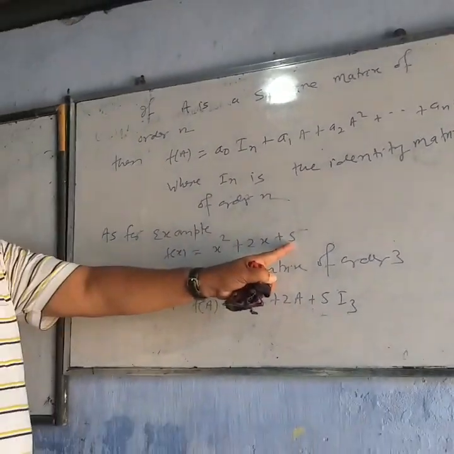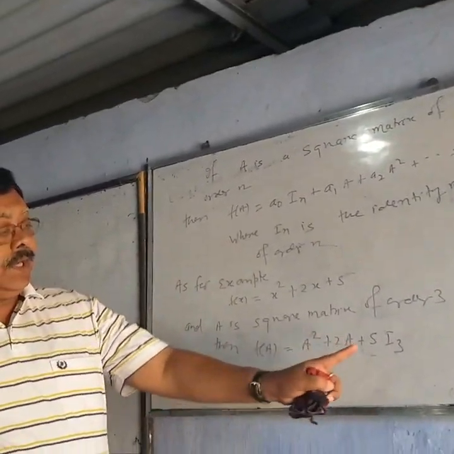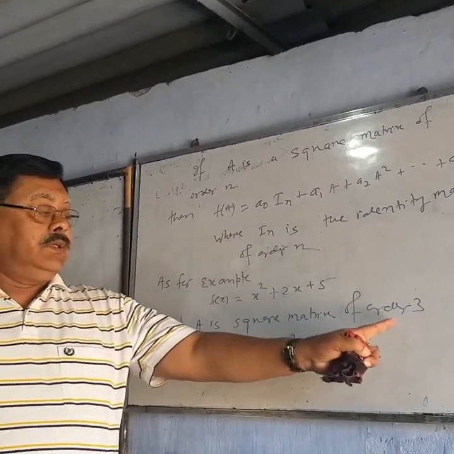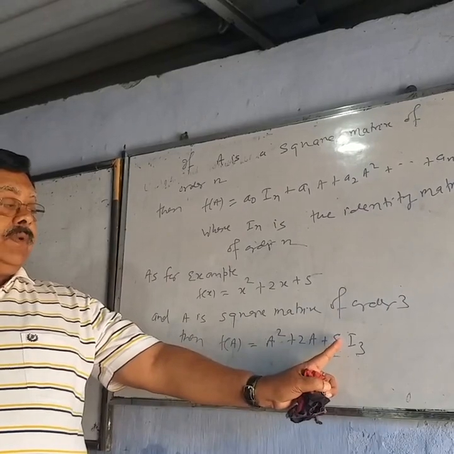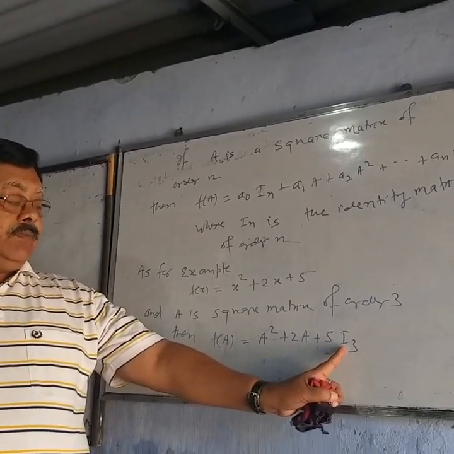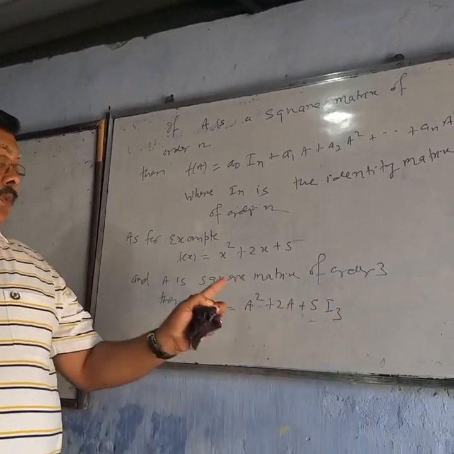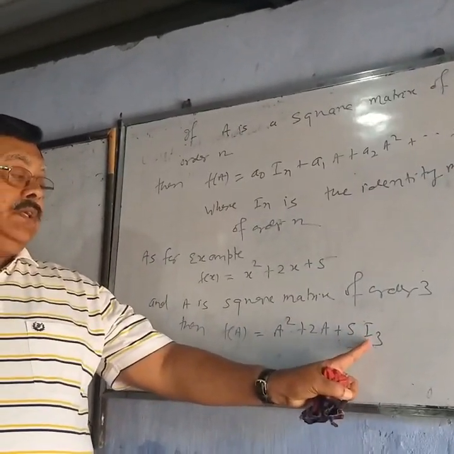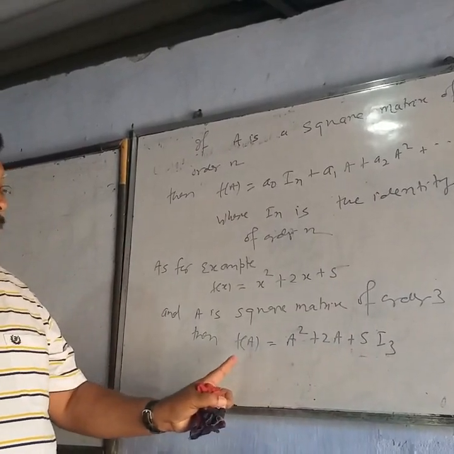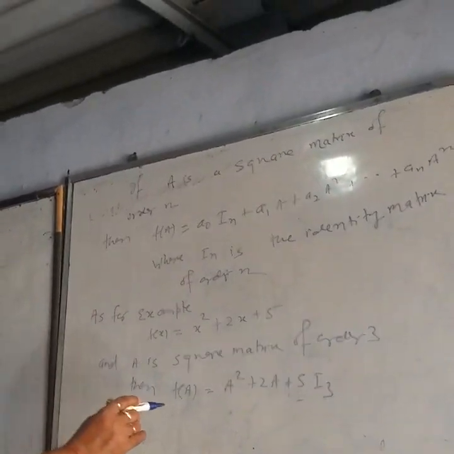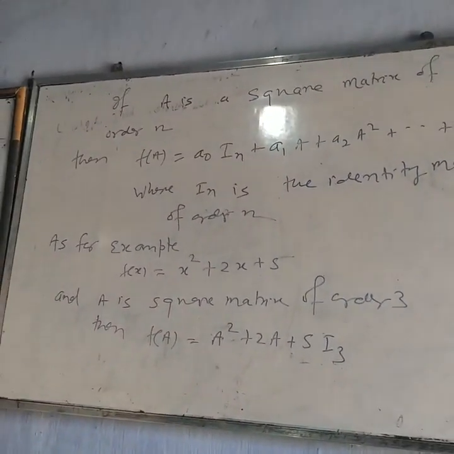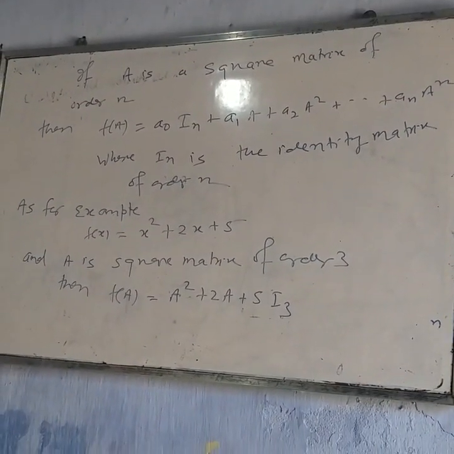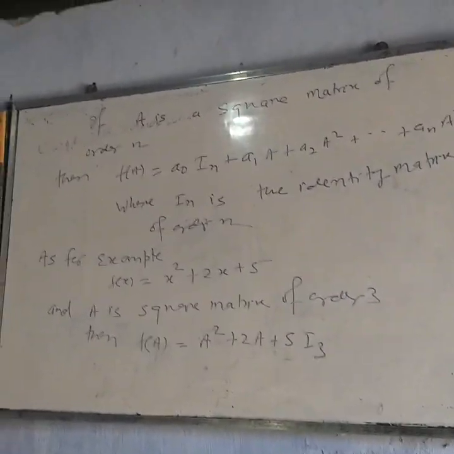This constant will be multiplied by the corresponding identity matrix. If A is a square matrix of order 3, then 5 will be multiplied by identity matrix of order 3. If it is order 4, then this will be multiplied by I4 accordingly. So in this way we can find matrix polynomial. So this is regarding matrix polynomial.